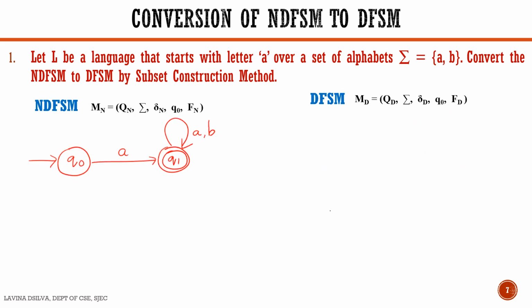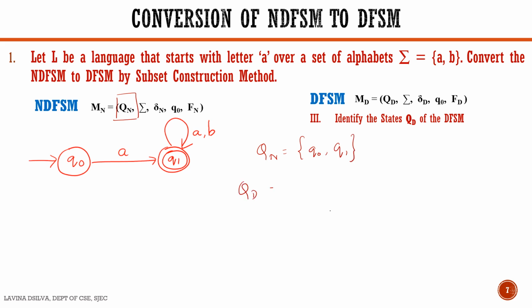The third step in the construction is to identify the states QD of the DFSM. Now we know that the states Qn of the NDFSM are two states, Q0 and Q1, and QD, that is the states of the DFSM, is equal to 2 to the power n, where n is the number of states in the NDFSM.